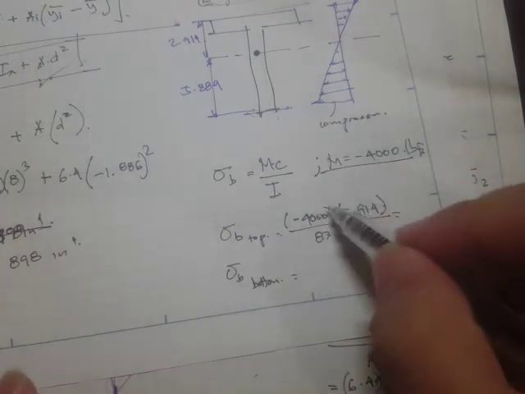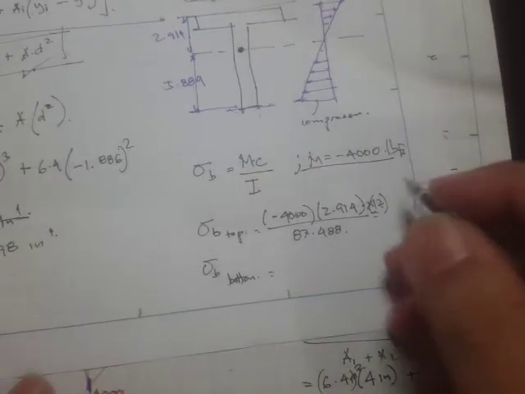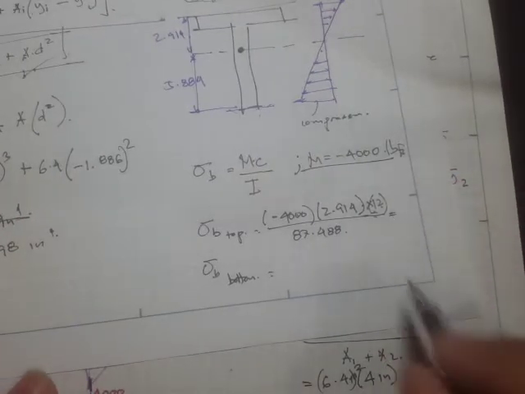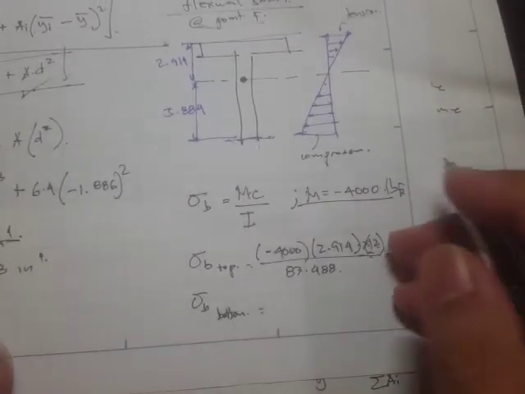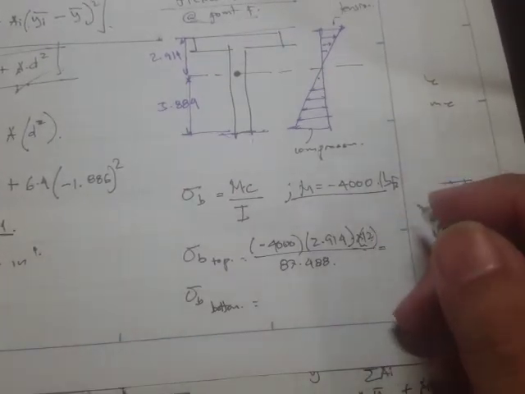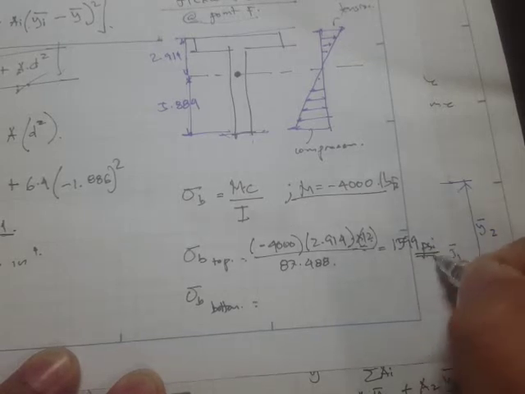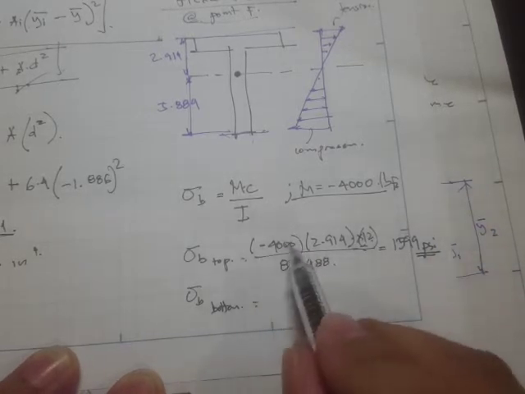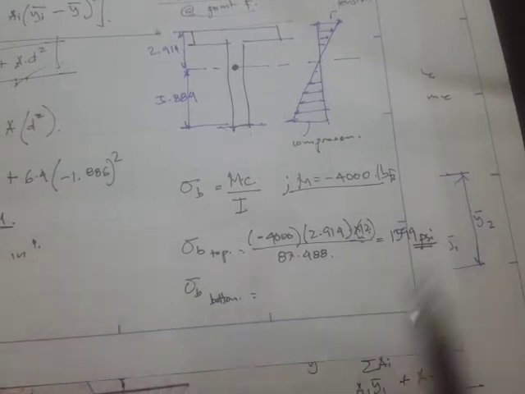Therefore we have to multiply this by 12 to convert the foot to inches. So here's going to be our value, and this will be 1599 psi. That's the unit, because we convert pound-foot to pound-inch. Okay, so pounds per square inch.